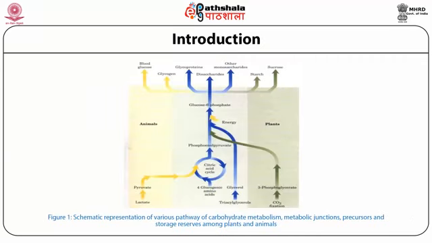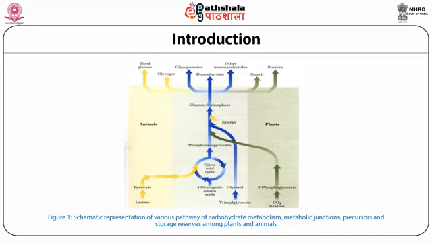This figure is a schematic representation of various pathways of carbohydrate metabolism, metabolic junctions, precursors, and storage reserves among plants and animals. If you see in this schematic representation, various intermediates enter into the central pathways through various routes, irrespective of plant or animals.